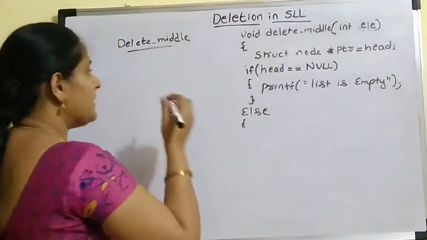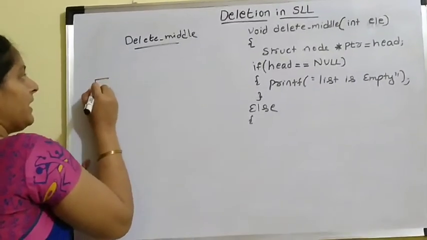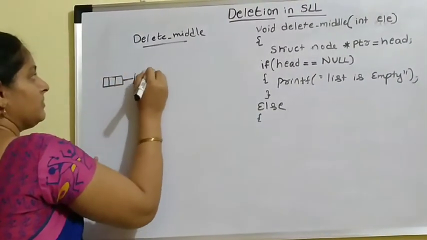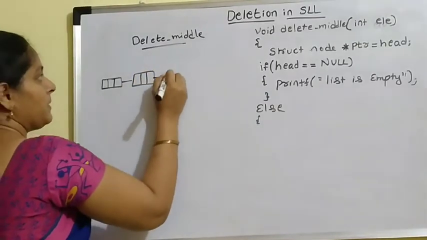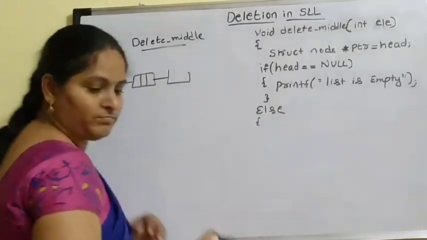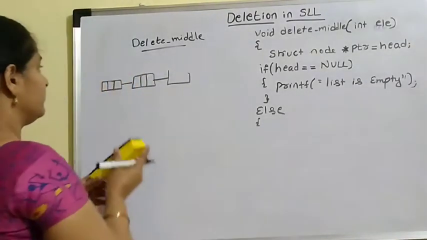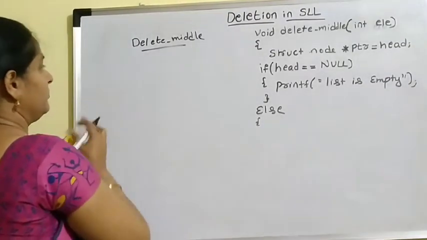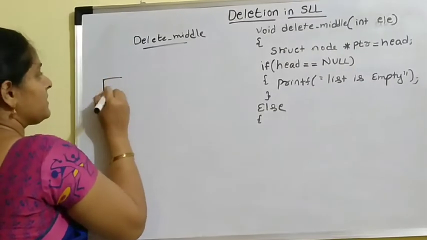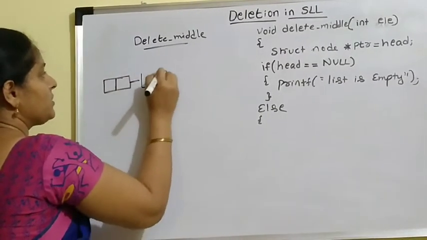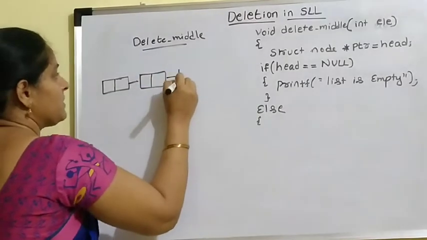See one example. Here I have 4 elements in my list. This is a single linked list. A single linked list node structure contains 2 partitions.